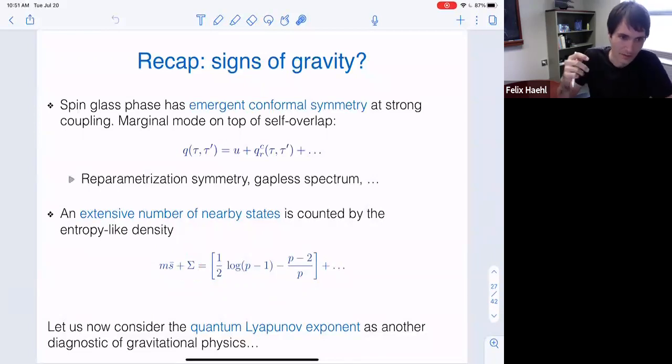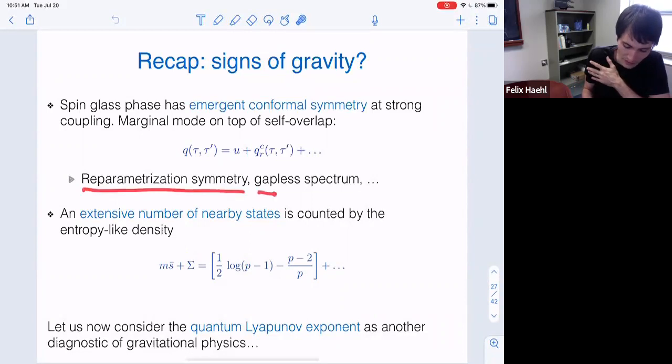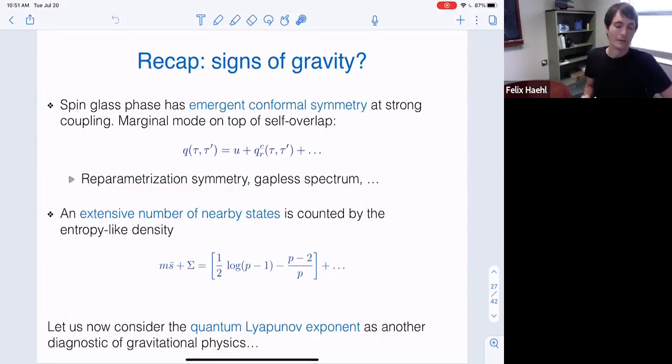We would like to interpret that as one of the signs of a gravitational description: even though the entropy itself vanishes at leading order, we still have an extensive number of states. Another sign is the reparameterization symmetry and the gapless spectrum, the things I mentioned before. So we see some signs that are reminiscent of a gravitational description.